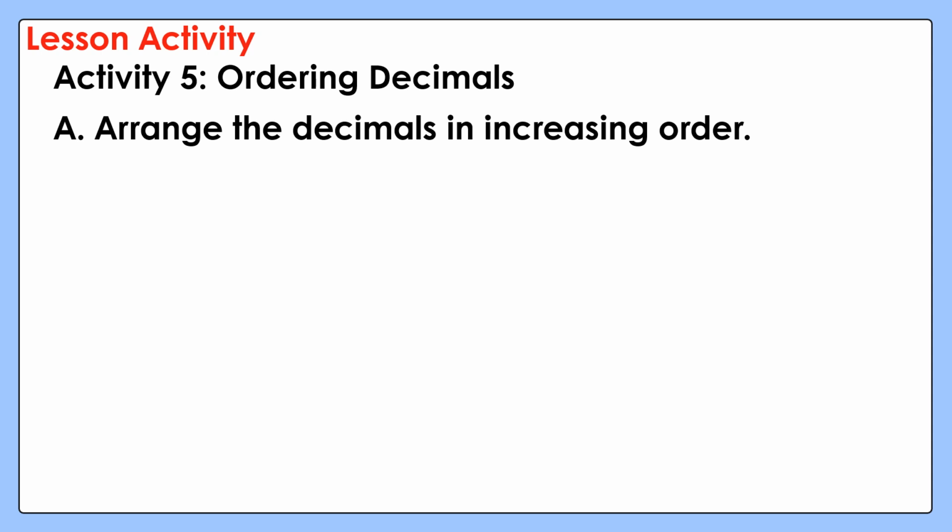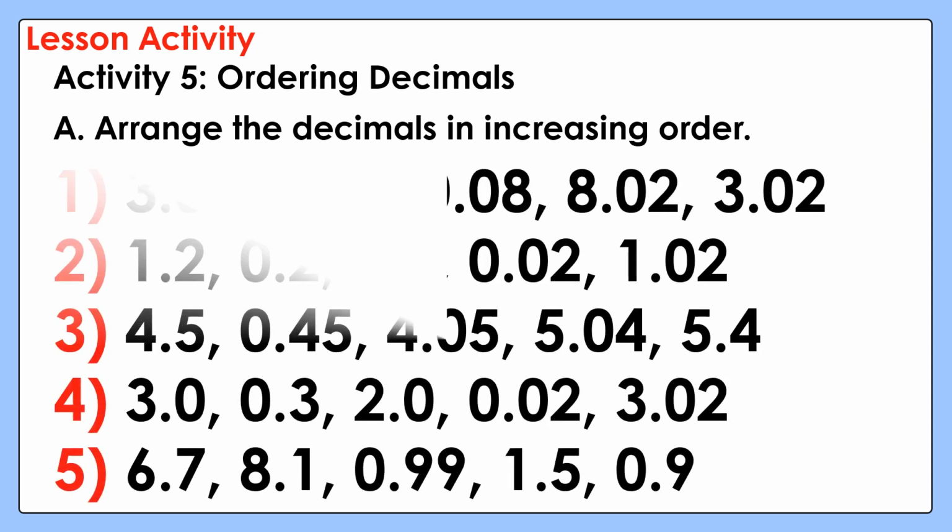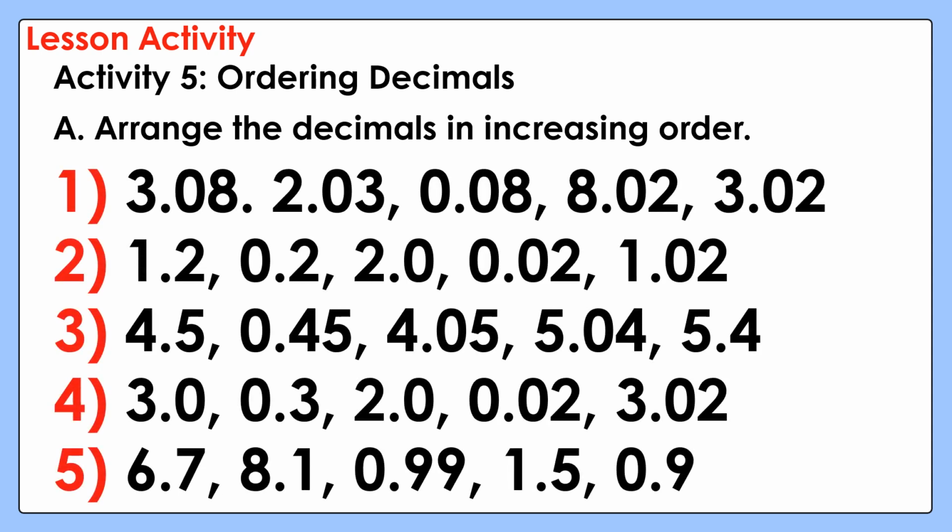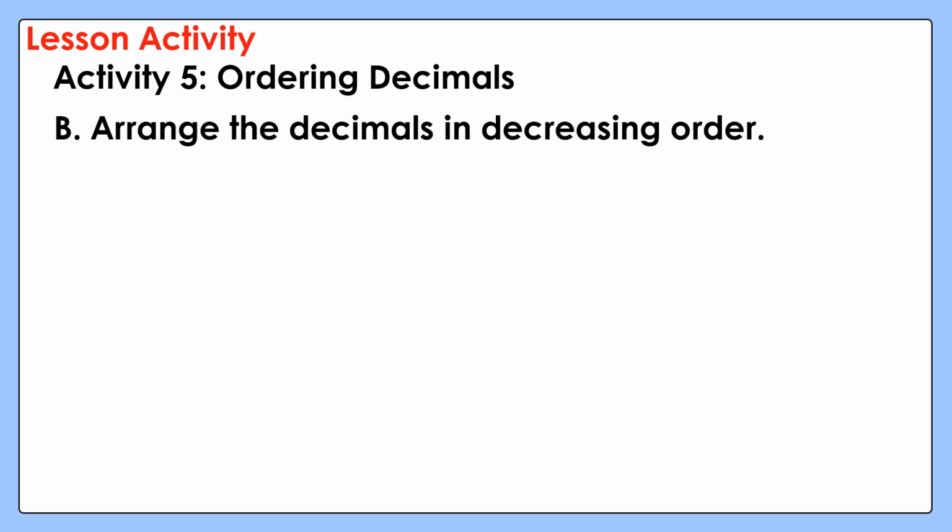Activity number 5, ordering decimals. A. Arrange the decimals in increasing order. Here's numbers 1 to 5. B. Arrange the decimals in decreasing order.